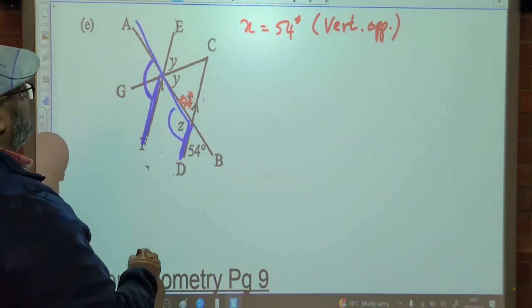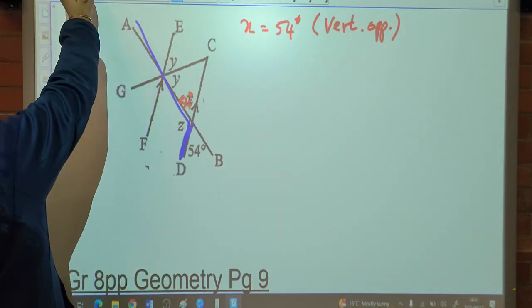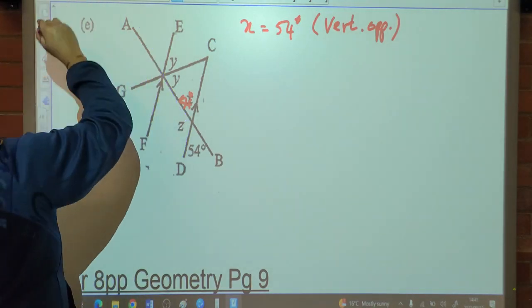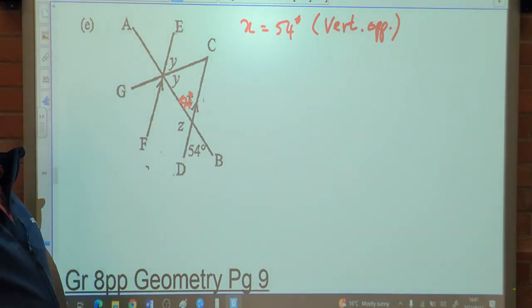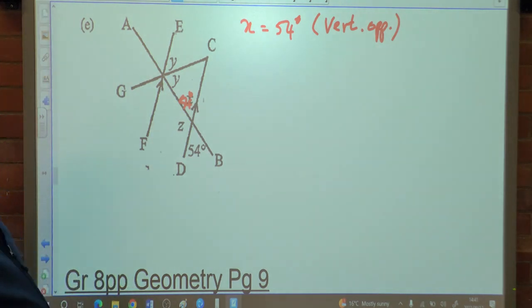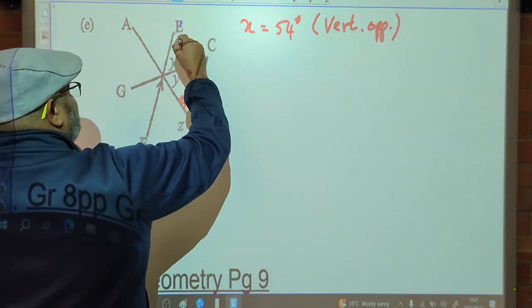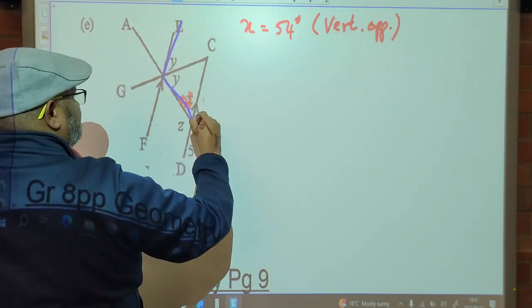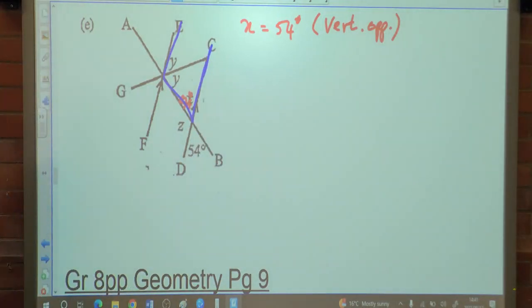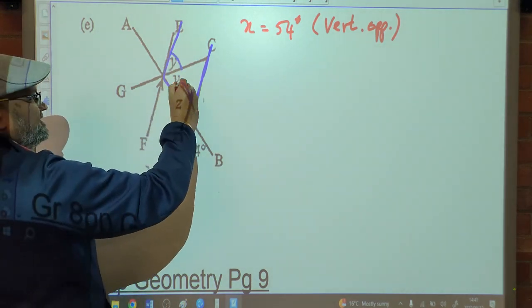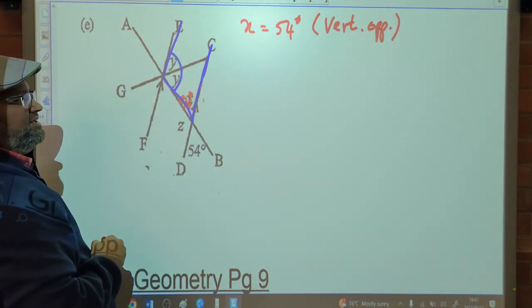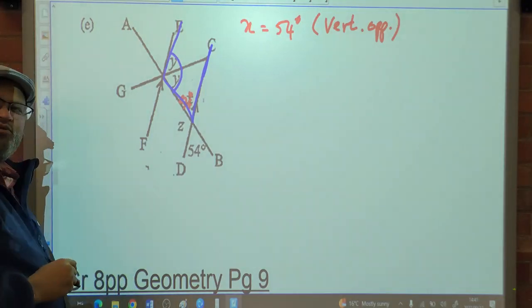Or you're trying to say co-interior. I was trying to say close, but yes. Co-interior. These co-interior angles. So in other words, 2y, is it equal?